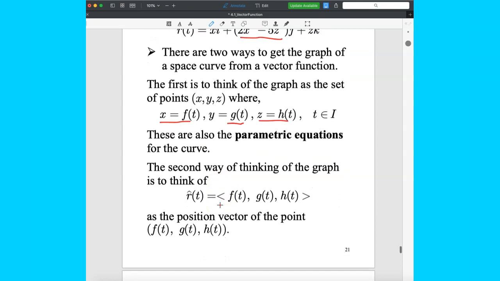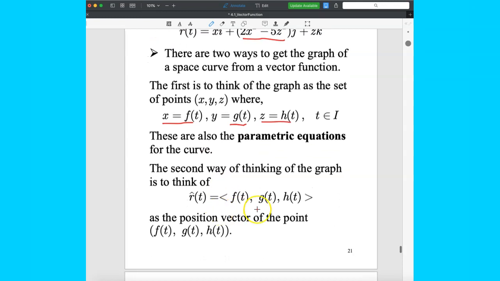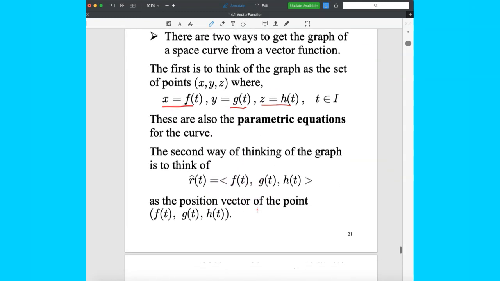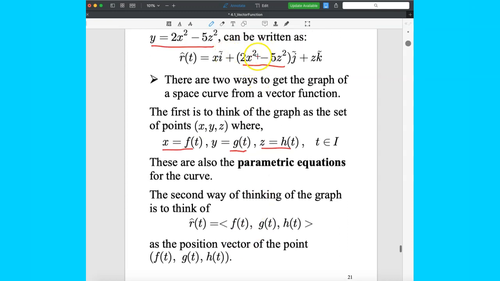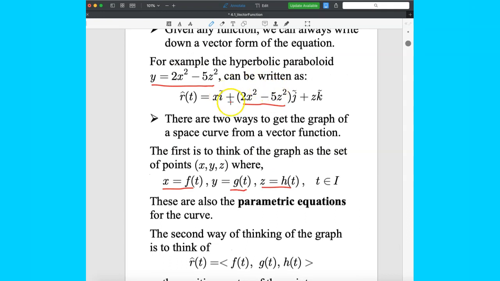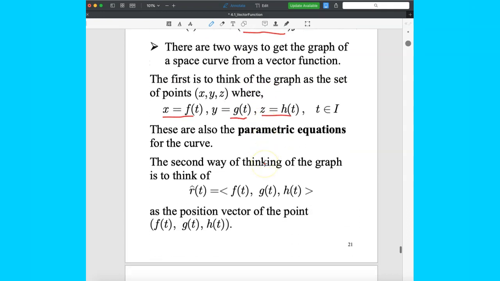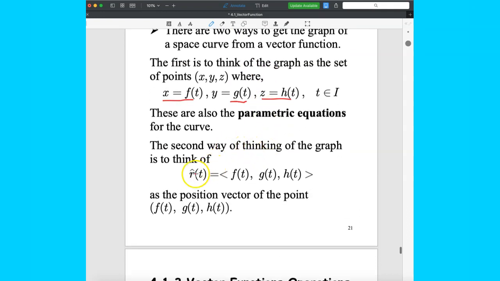The second way of thinking of the graph is if your vector r(t) is in terms of t itself, just like what we have done before, you have x something in terms of t, y something in terms of t, and z in terms of t.